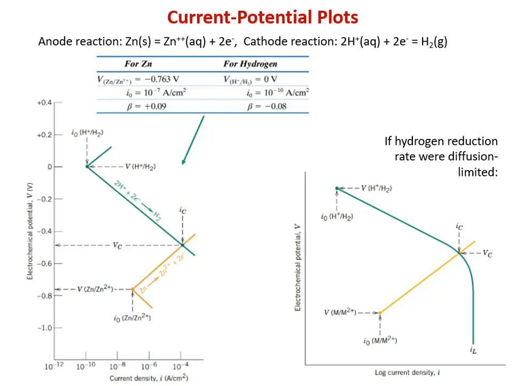So if that were the case, we would get a current potential relationship like we see over on the left. So instead of the cathodic reaction continuing to increase in current density as we drop the potential and give it more and more drive, it's going to hit a point where it just levels off and we get a vertical line, which means no increase in current.